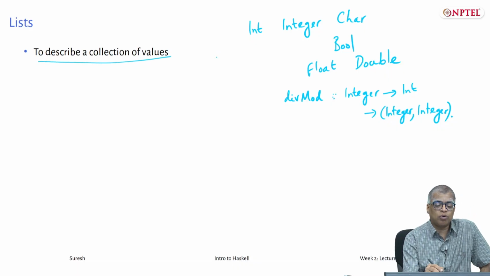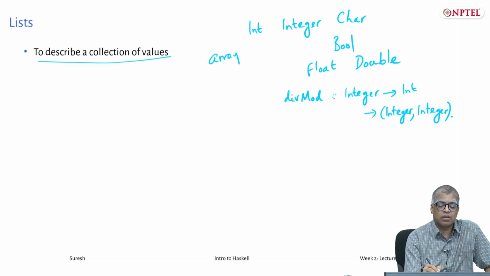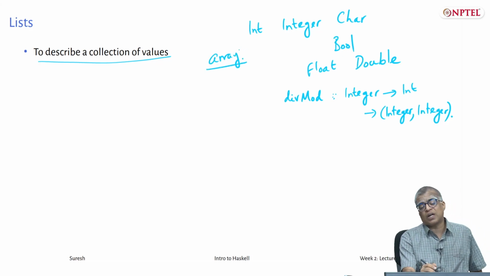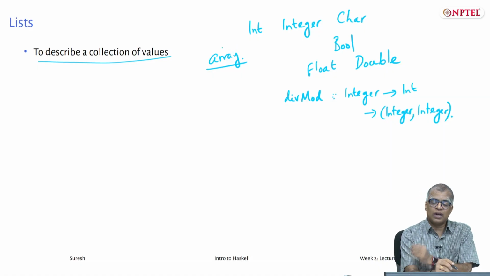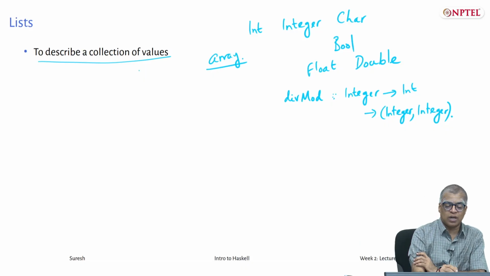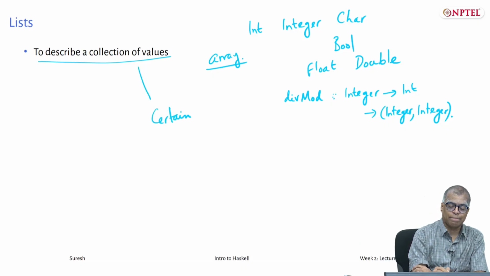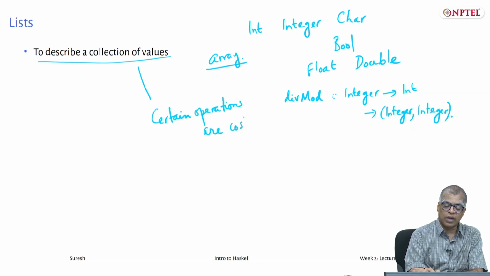It is very similar to arrays in other languages, in the sense that arrays are the basic means of representing collections of values in other languages. In Haskell, it is lists. It is not similar to arrays in the sense that certain operations are costly as compared to arrays. We will see what they are later.